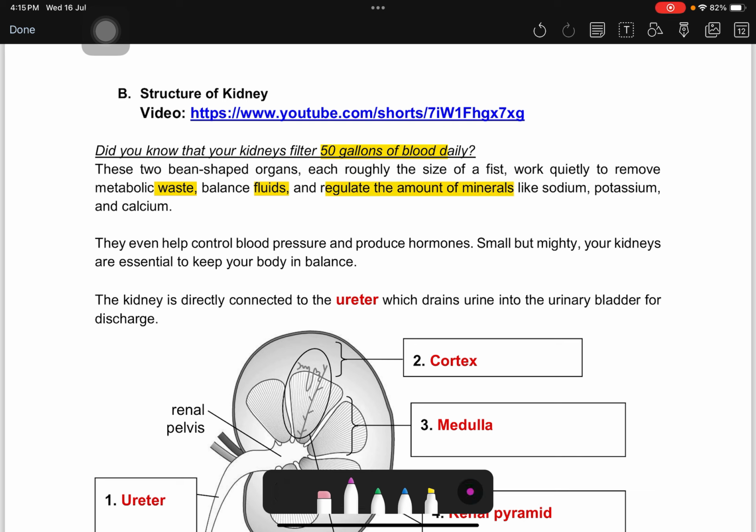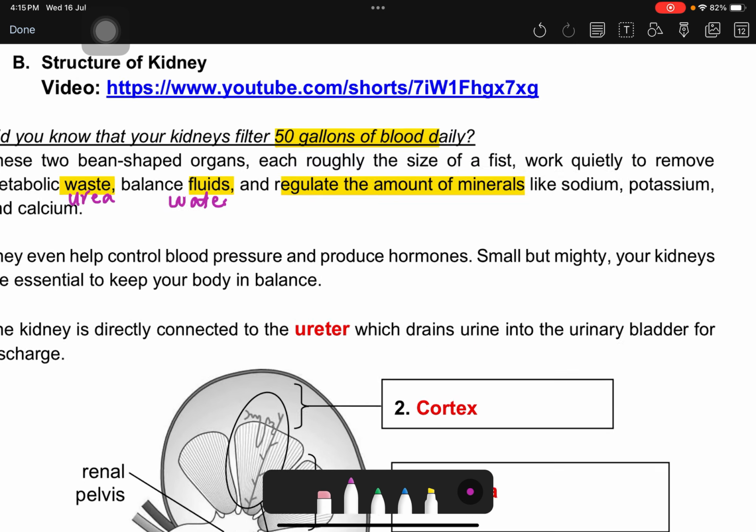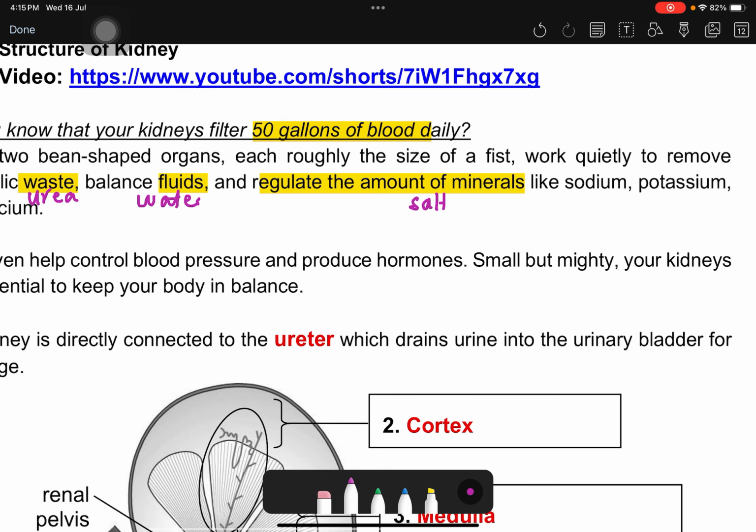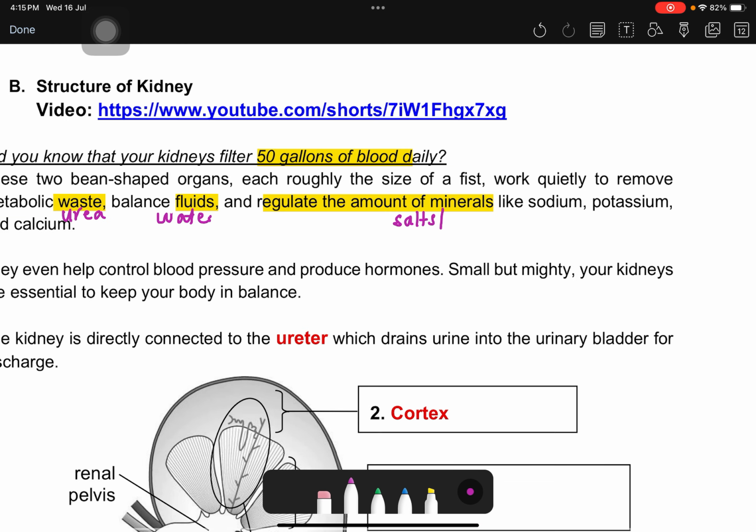So if I were to put the respective components that it works on, it will focus on removing urea, balance water, as well as regulate salts and iron in our blood flow.